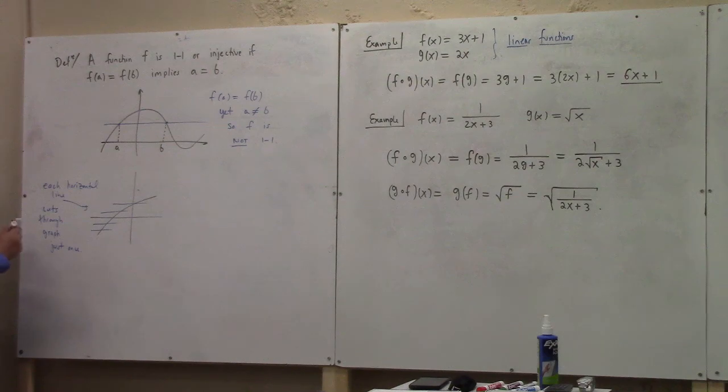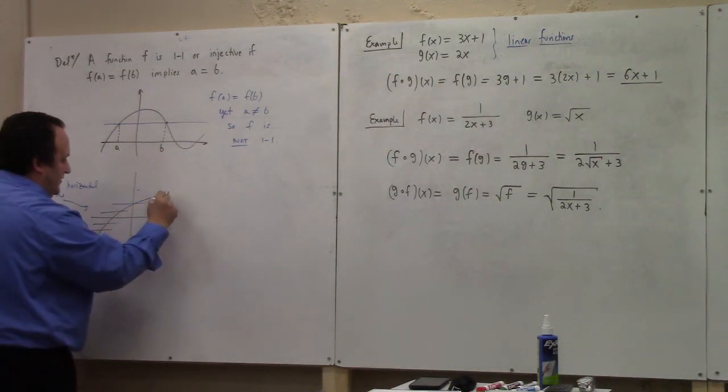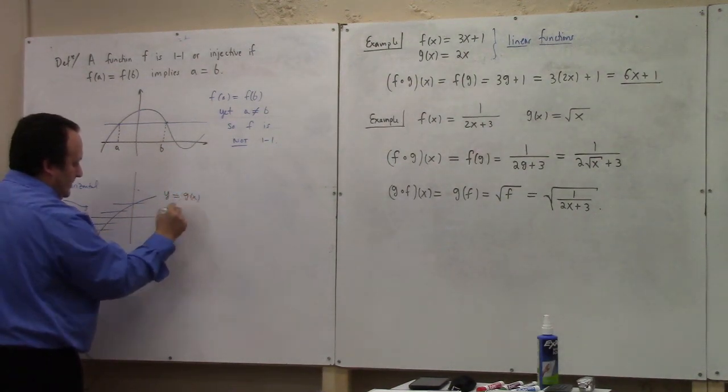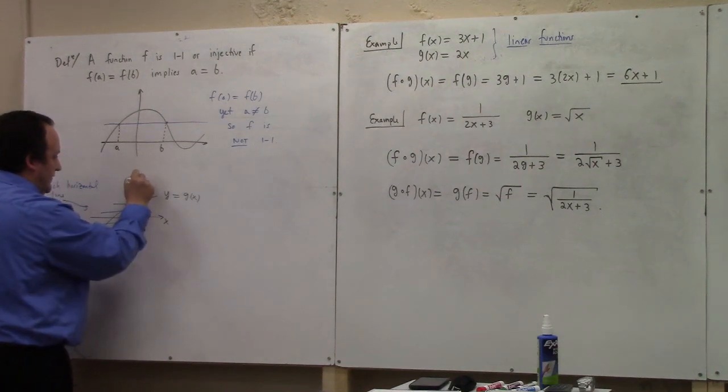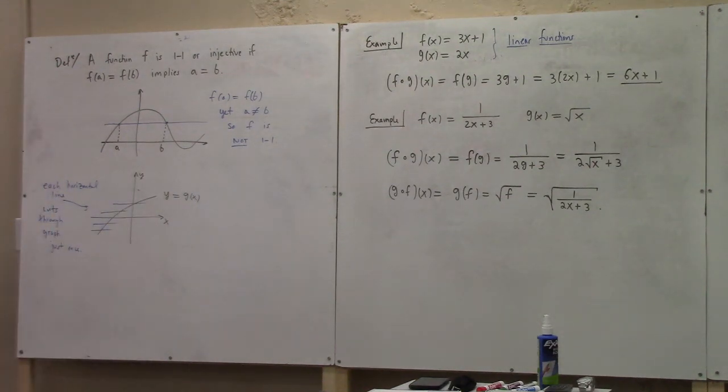So this, if I was to call this, say, y equals g of x, then this function g would be injective. It would be a 1-to-1 function. All right?